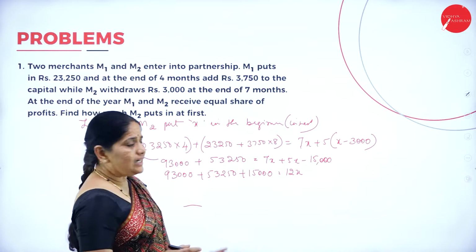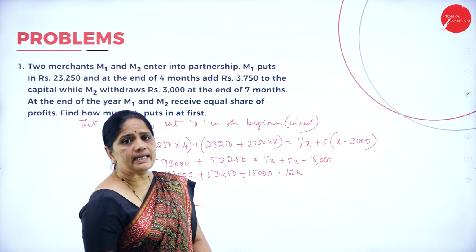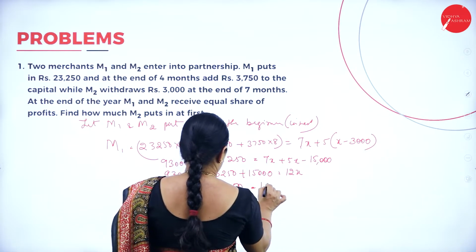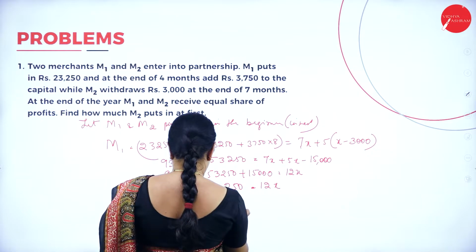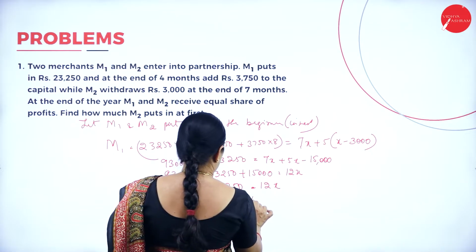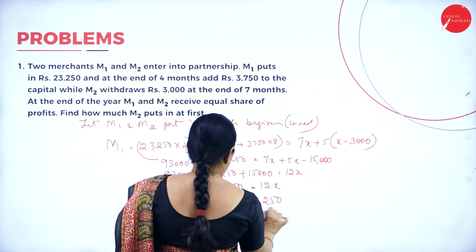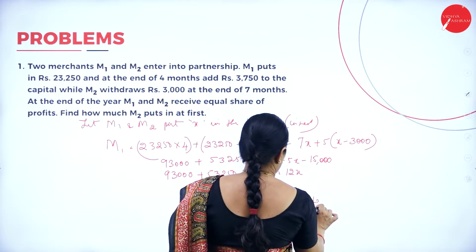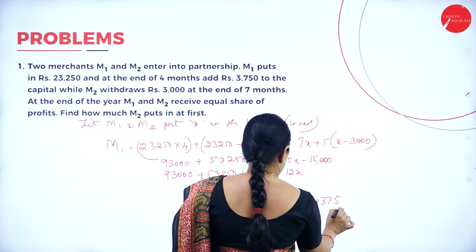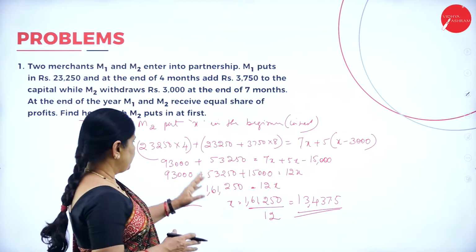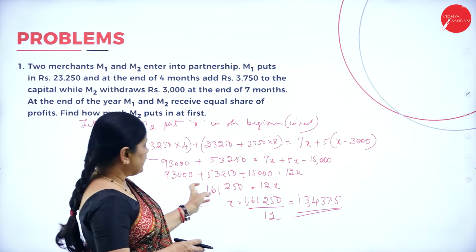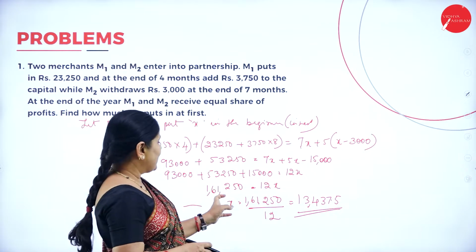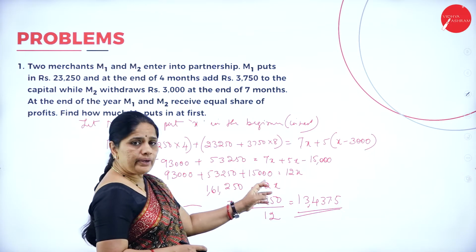When I add all this, I get 1,61,250 equals 12x.